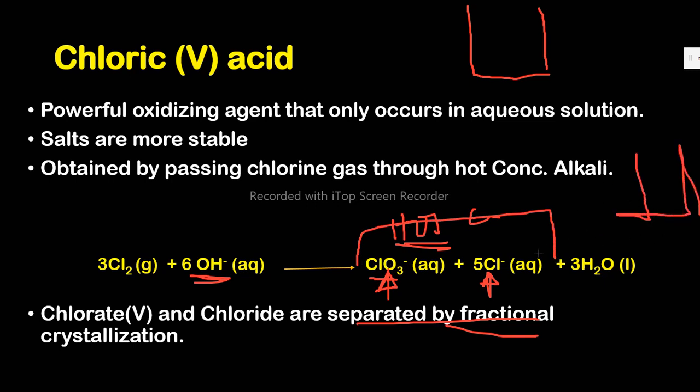So when you attain the freezing point of the one that freezes before the other, then it will solidify before the other. And when it solidifies before you attain the freezing point of the second, then you find ways of removing the one that has solidified. Yes, so that's what we call crystallization.